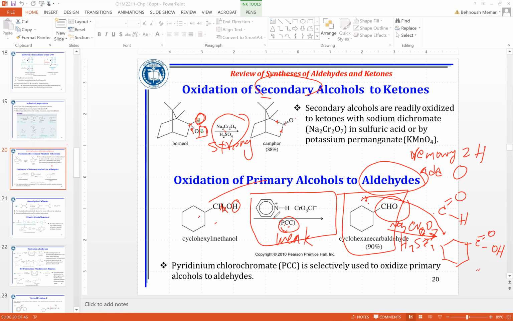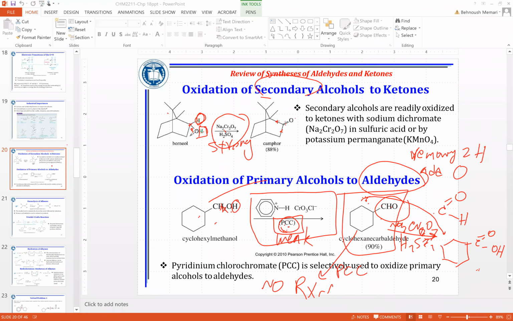That's why it's important to use PCC, which is a weak oxidizing agent, and it would selectively oxidize primary alcohol to aldehyde, and it will stop there. If you add PCC to aldehyde, there would be no reaction.